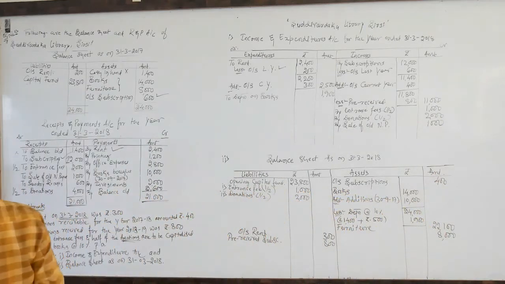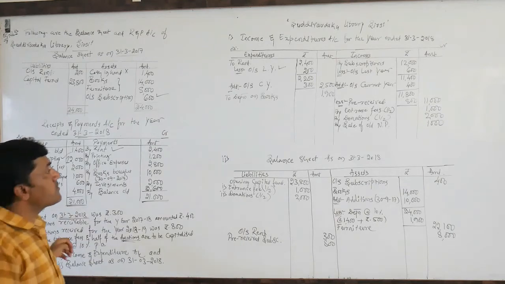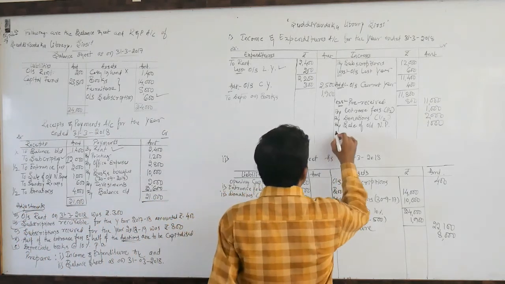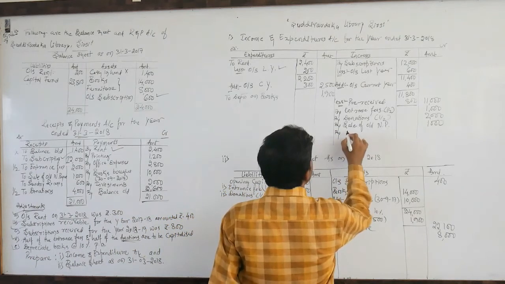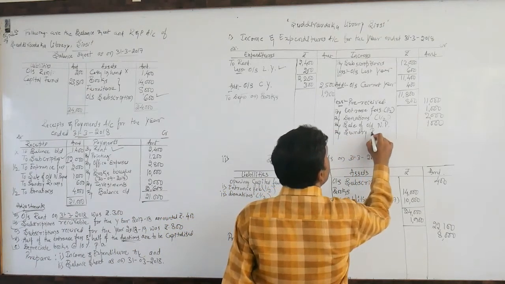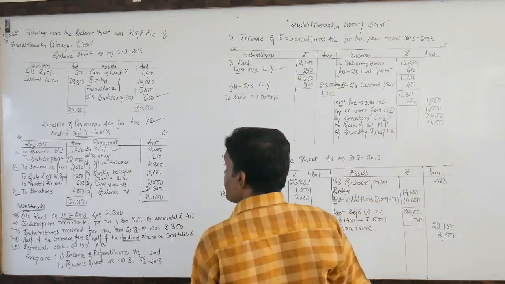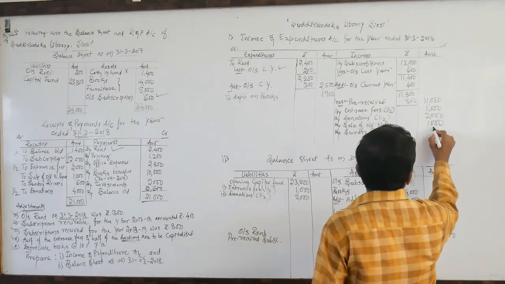Look here. One more: sundry receipts, that is 600. It is also written on the income side as sundry receipts of rupees 600.